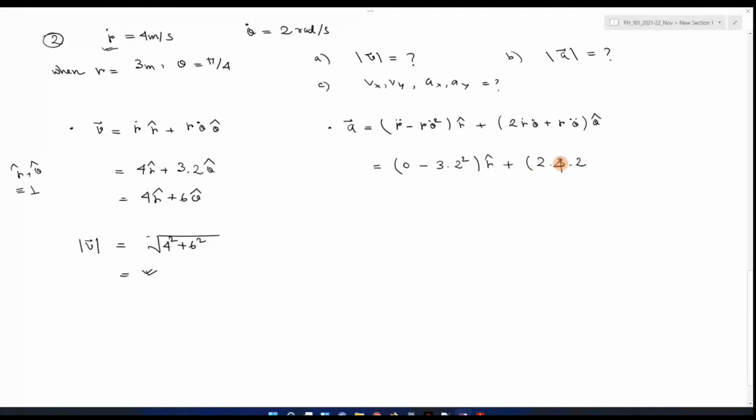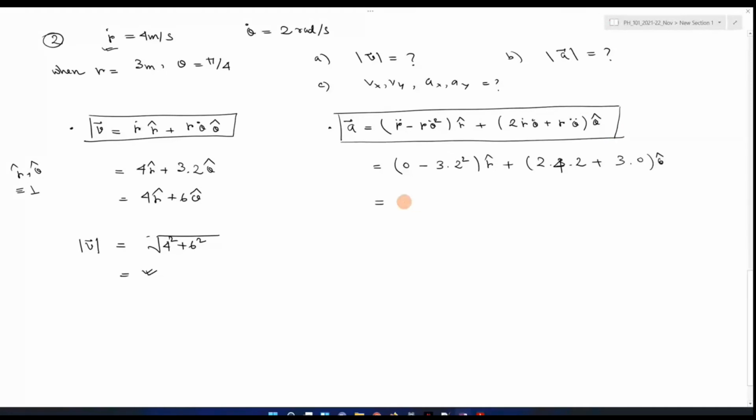This one is 4 plus 3 into θ double dot, how much? 0. These questions are very simple. You just have to know this formula and this formula. So this is finally 4 into 3, 12 r cap plus 16 θ cap.